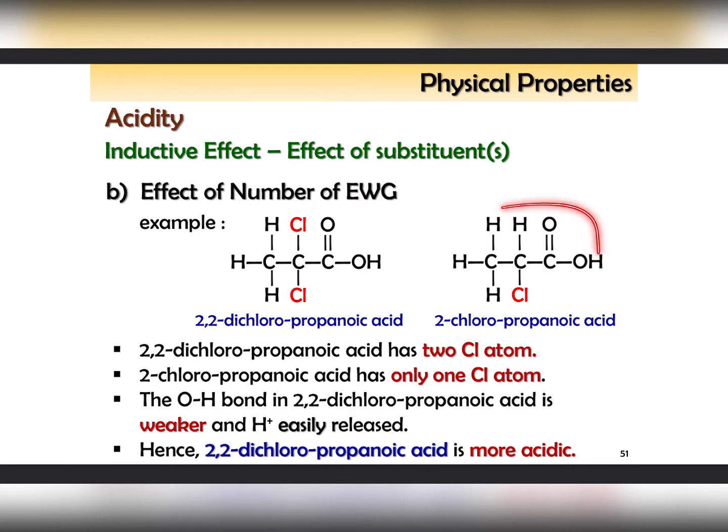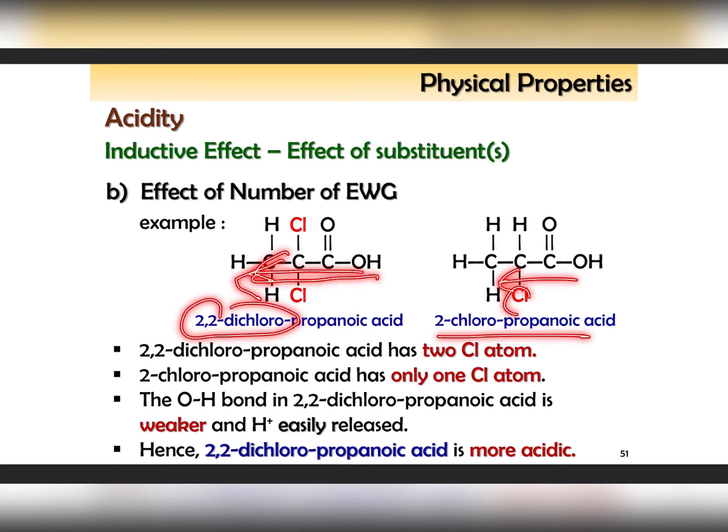And this one, 2-chloropropanoic acid ada 1 sahaja chlorine atom. Okay, so both akan tarik the electron density Cl, but kalau dekat 2,2-dichloro, dia akan lebih kuat menarik the electron density compared to kalau ada 1 sahaja EWG.